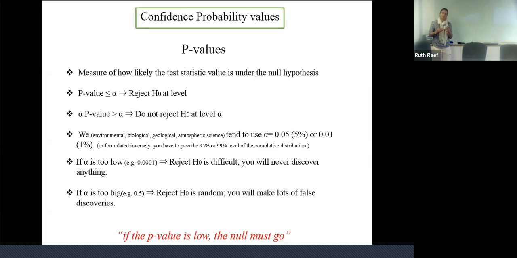Now, when I talk about the population of t's, next slide already, we're going to understand what I mean by having a population of t's.